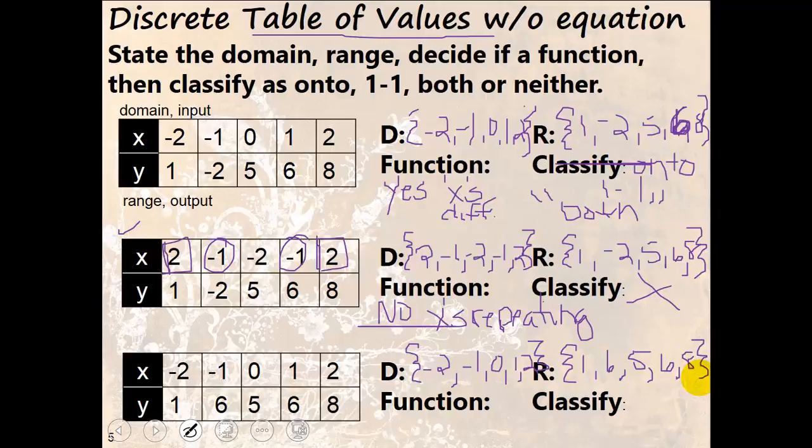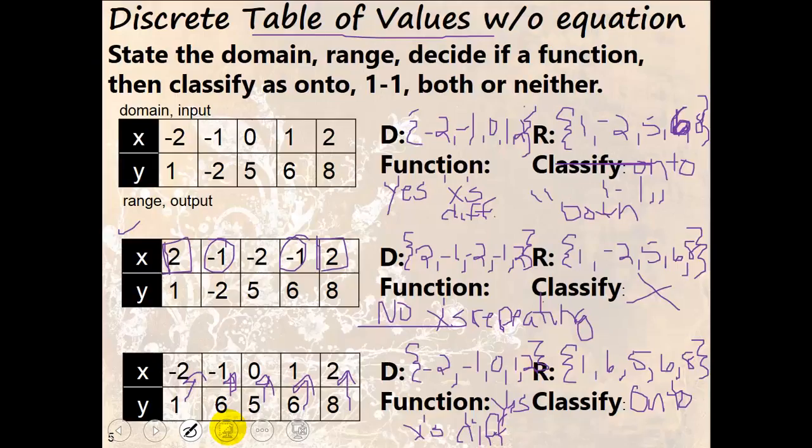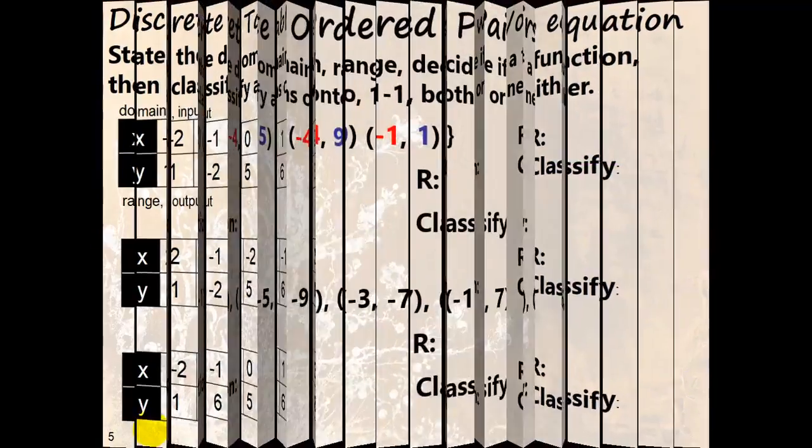It is a function because my x's are different. Classifying, every y has an x, so that makes it onto. But some of the y's repeat, so it is just onto. It is not 1 to 1. So that one is just onto only.